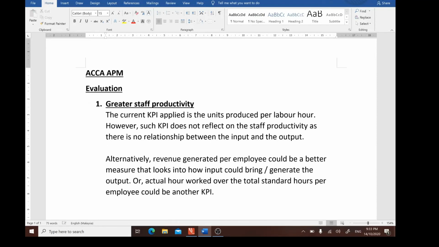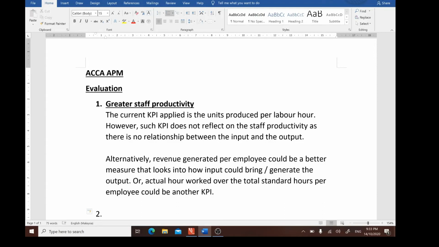I believe if you come up with one, that should be more than enough. But some students say it's more secure for them to come out with even one more example. Right here, the first one by itself is correct, because we say for every single employee, we should bring in higher revenue.